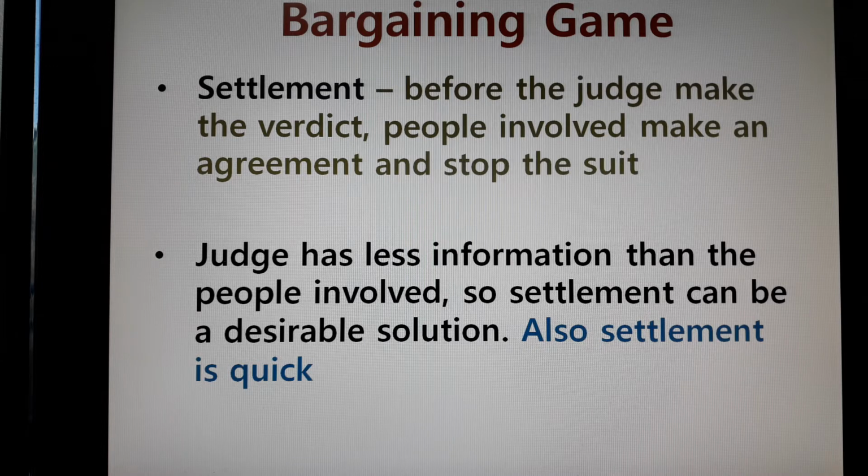So why don't we just make an agreement with your neighbor and give him like $10 instead of $100 after 1 year of the judge's verdict? So I say, okay, I don't want to waste 1 or 2 years of my short life on this court. So that is before I get the verdict of the judge. Long before that, I settle with my neighbor. Okay, that's how things usually go.